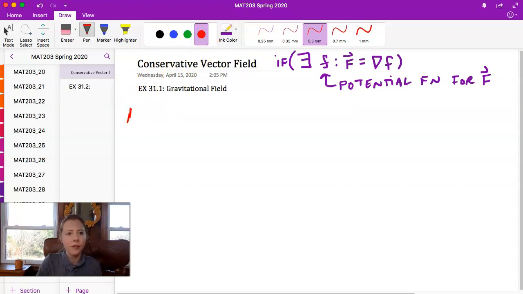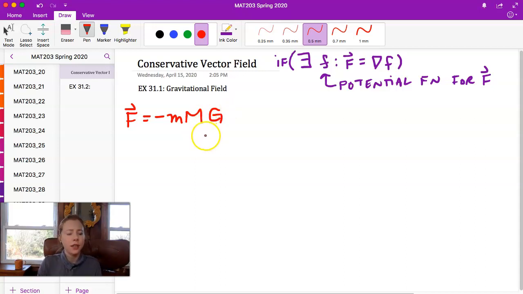Our gravitational field is given by minus lowercase m, and this lowercase m is the mass of the smaller body. Uppercase M is the mass of the heavier body, and capital G here is the universal gravitational constant, which is different from little g.